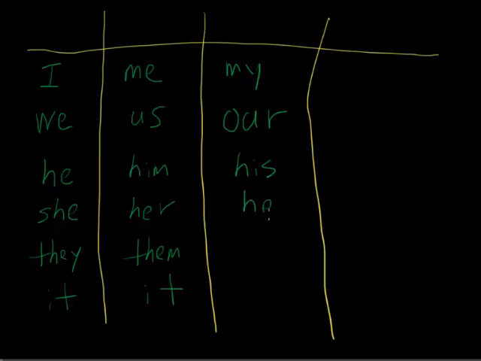So that's her dog. They have a plane. So it's their plane. It had sharp claws. So it's its claws. And then on this column, sorry for the boring colors.